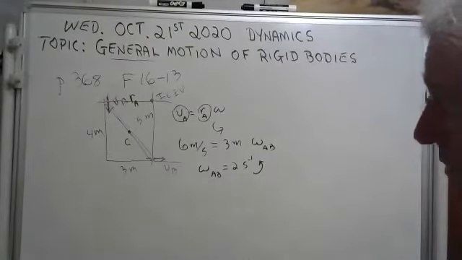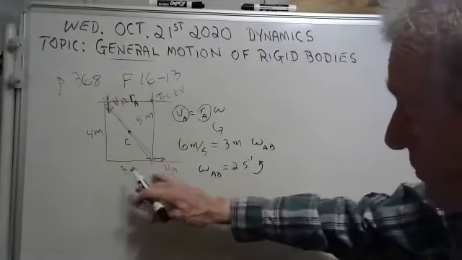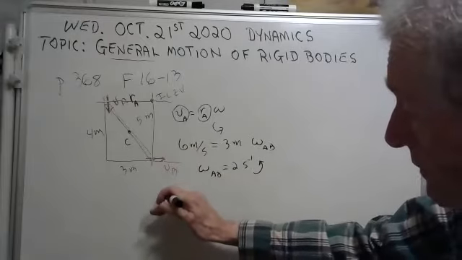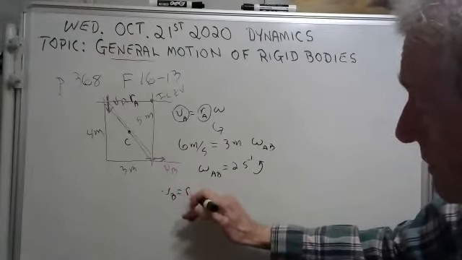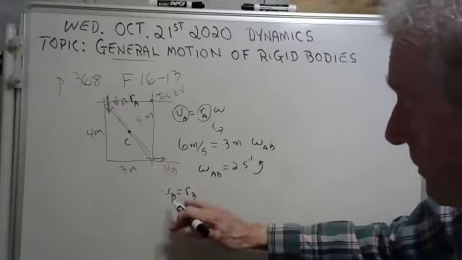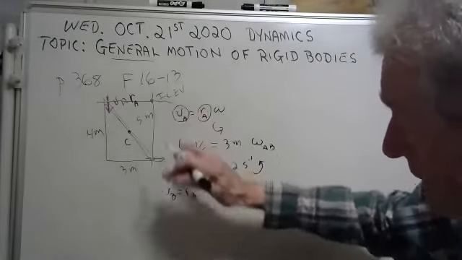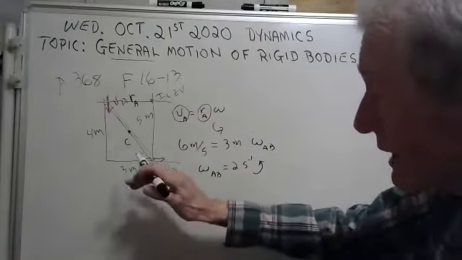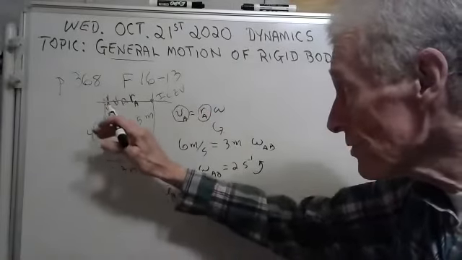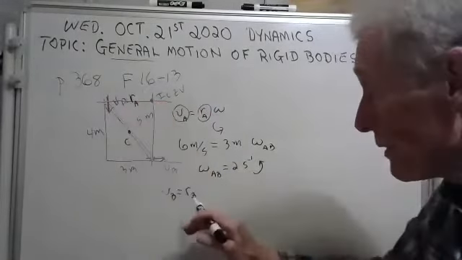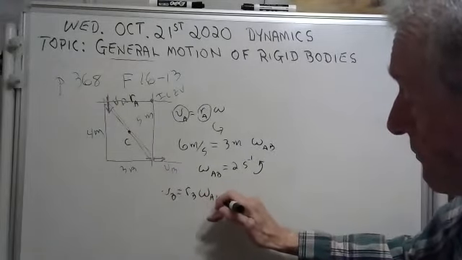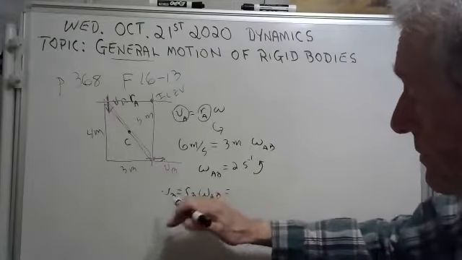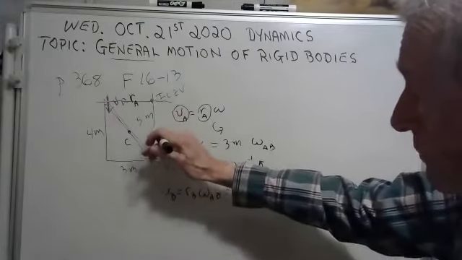Now let's write the same equation for B. The velocity of B is going to be the distance from the ICZV now, because that's where it's rotating. Do you understand? Every point on this rod is rotating about that point, times the omega of AB. Well, in this case, this is 4 meters.